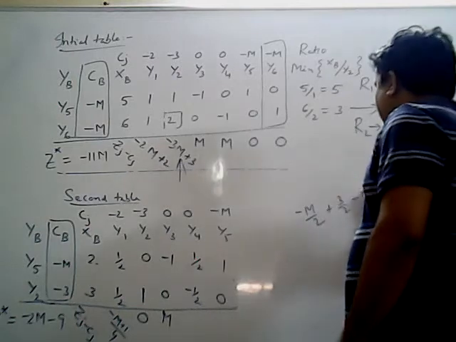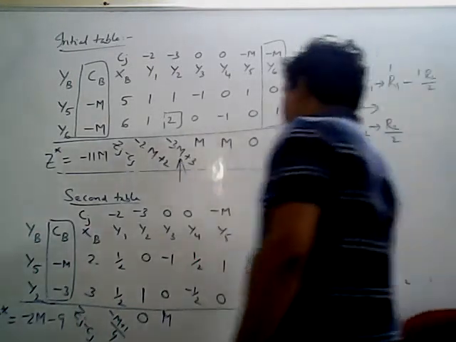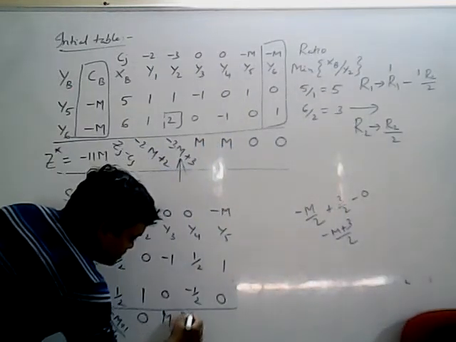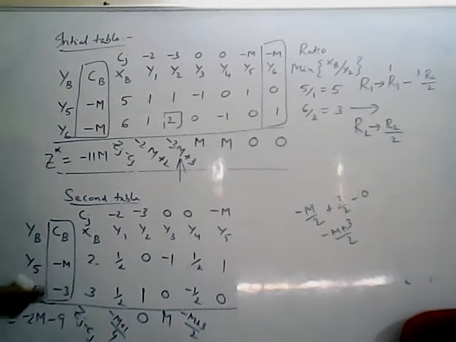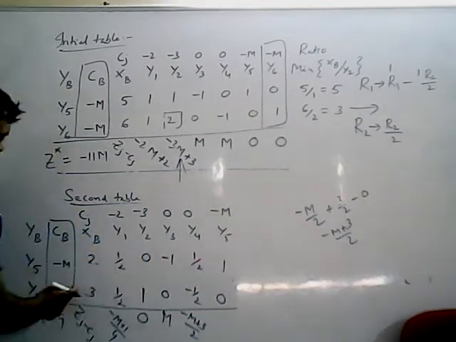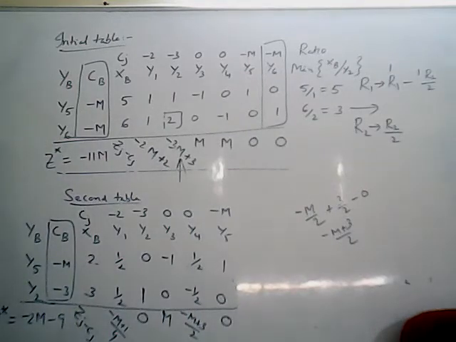The upper value is 0, so this is minus m plus 3 by 2. Last value: minus m into 1 is minus m, minus of minus m is 0. If you get all positive, the solution is completed.